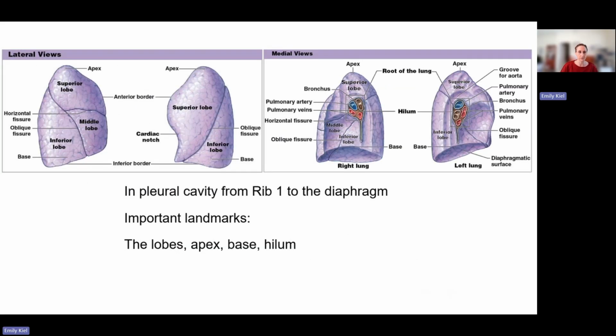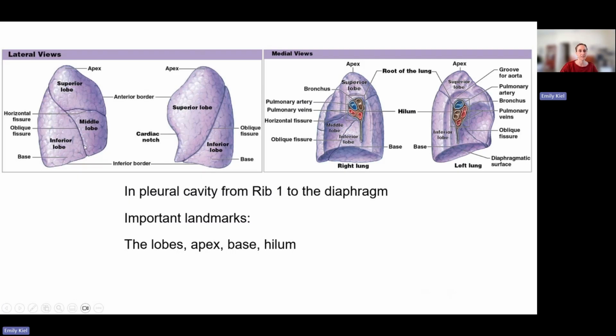So a different view of the lungs and their lobes, a couple of other cavities and landmarks we want to be aware of. The lungs are in the pleural cavity from rib 1 to the diaphragm. We want to know the lobes. So again, we've got our superior, our middle, and our inferior lobe in the right lung. And then our left lung, we just have the superior and inferior.